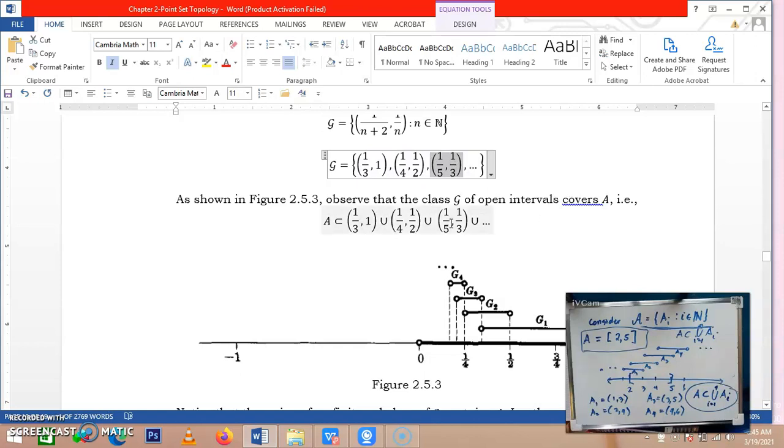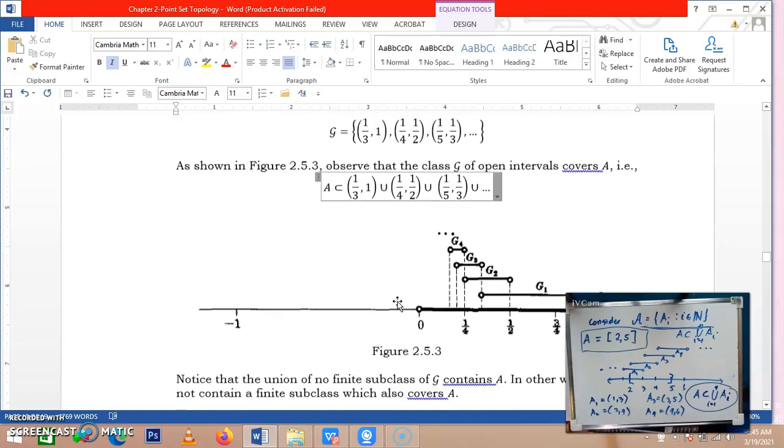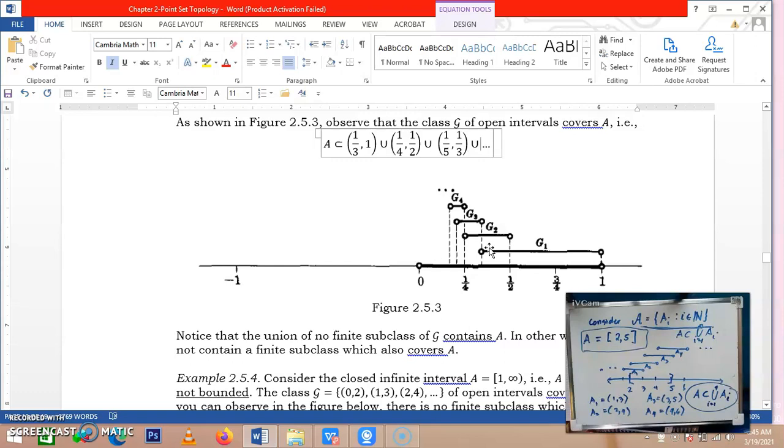Now, notice that script G na to contains open intervals that cover A. Because if we are to get the union of this one, as illustrated in this figure here, it covers A. It covers A.